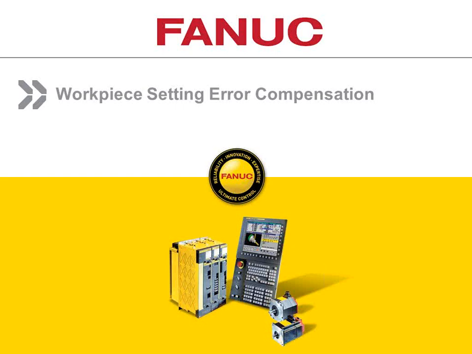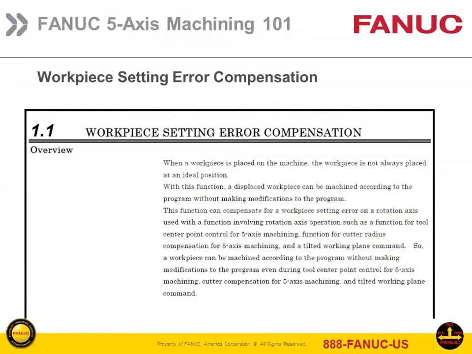So Workpiece Setting Error Compensation gives you the capability, if you take the part on and off whatever fixture you're using, to tell the machine where it's located after you maybe machine it or move it. When it's placed on the table, the workpiece is not always at an ideal position.